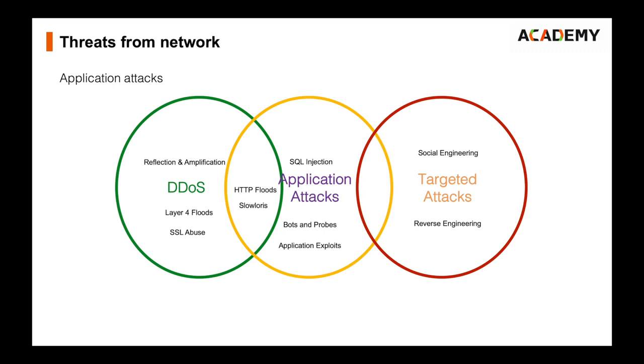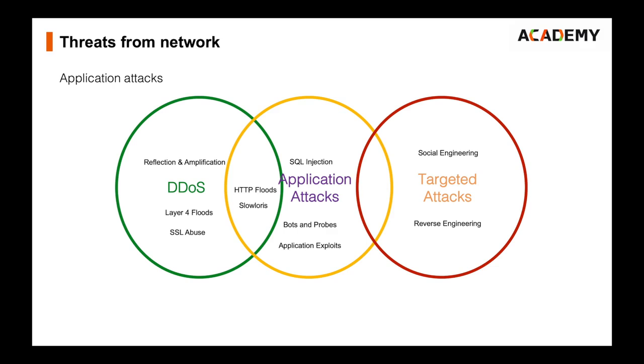application attacks. And then on the far right, just for completeness, we include targeted attacks. These are attacks where the attacker actually spends real time and effort to perform reconnaissance and to learn about you specifically or your system specifically so as to carry out a more effective attack. This would include social engineering.